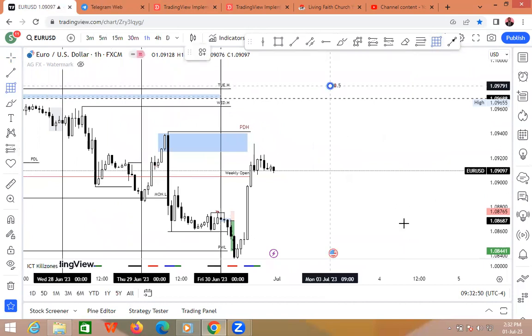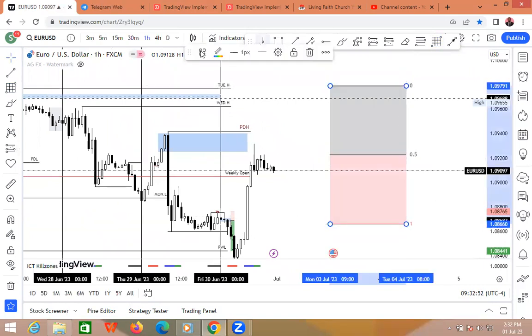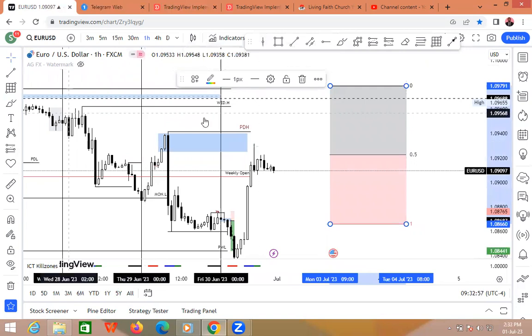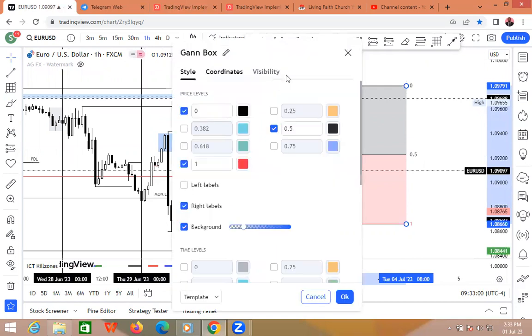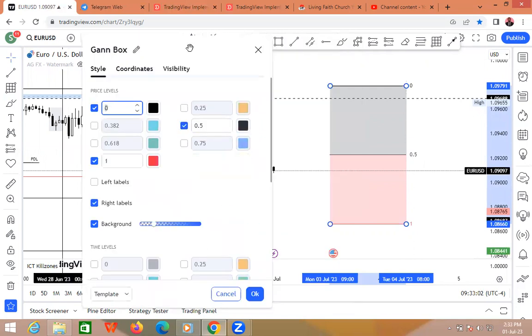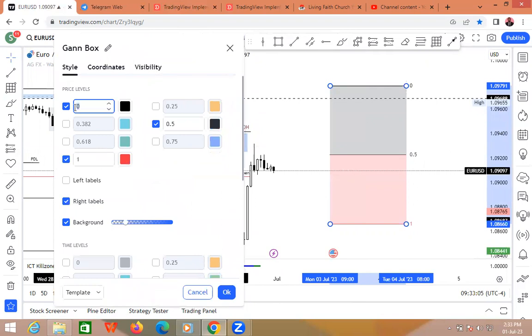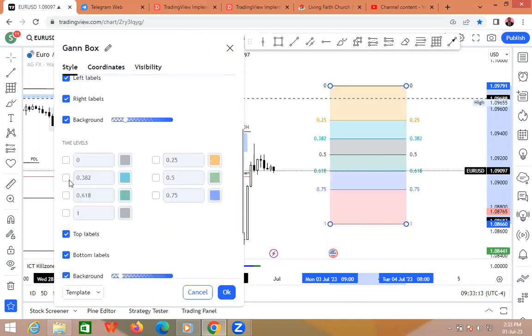If you pick it, come to the setting. This is the setting. Any tool you pick, this place is the setting. Click on it, adjust it to this corner and remove everything. If you have never edited it, all these lines will be checked, and it will look something like this.